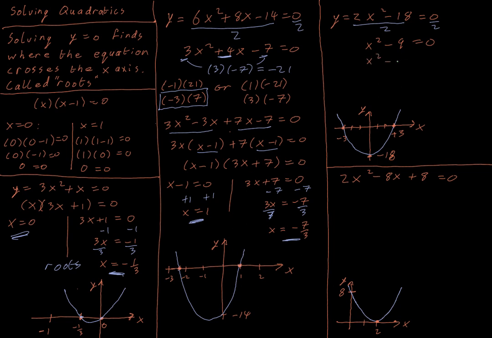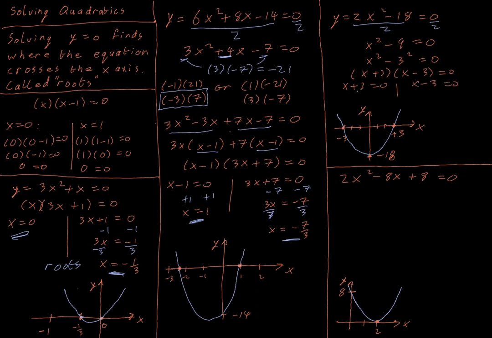So I can write that as x squared minus 3 squared is equal to 0, which would be x plus 3 multiplied by x minus 3 is equal to 0. So I'd have x plus 3 is equal to 0, or x minus 3 is equal to 0.